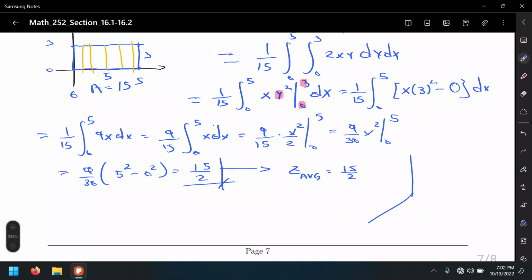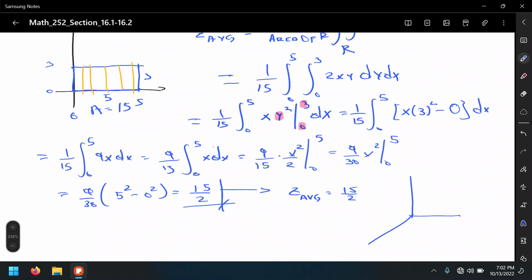So in 3 dimensions, we would have this region that we have in 2D here, from 0 to 5 and from 0 to 3. So essentially, this is the projection of our region into 2 dimensions if we wanted to see it in 3 dimensions. Are you guys following me here? So this value right here of z equals 15 halves, that's actually the height of this box in 3D.